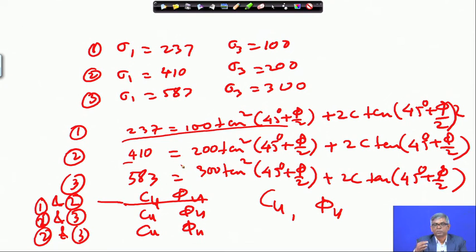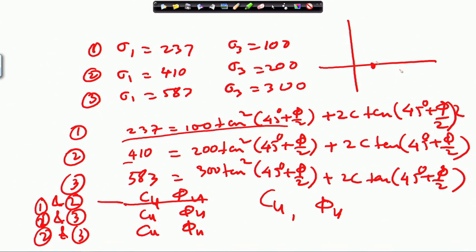So you can take the combinations 1 2, 2 3, 3 1 like that, and 3 or 4 sets of simultaneous equations can be formed. By solving them we get Cu and phi u from each, and finally 3 or 4 sets of Cu and phi u, and then we take the average of them to get the final value of C and phi. This is the way one can avoid the use of graph sheets.